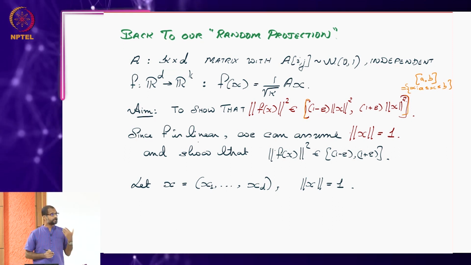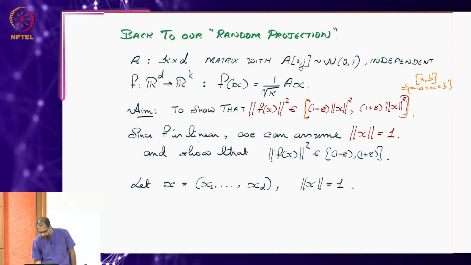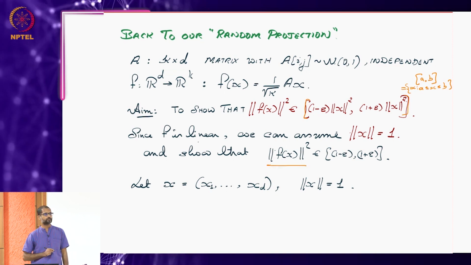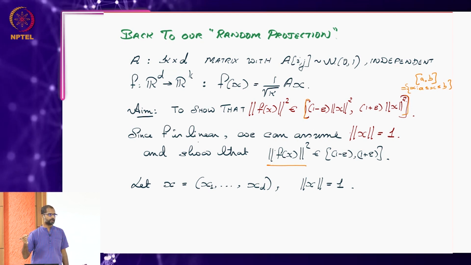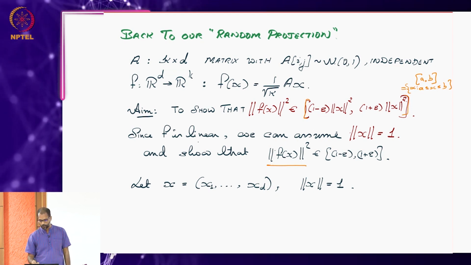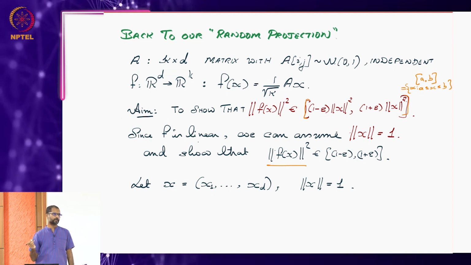So, if you are studying a unit length vector, what is the allowed range for f of x norm squared? It is 1 minus epsilon times norm x squared, which is 1, comma, 1 plus epsilon times norm x squared, which is also 1.